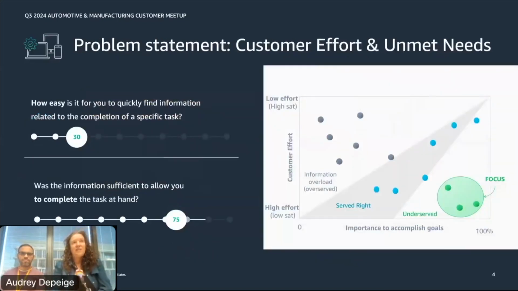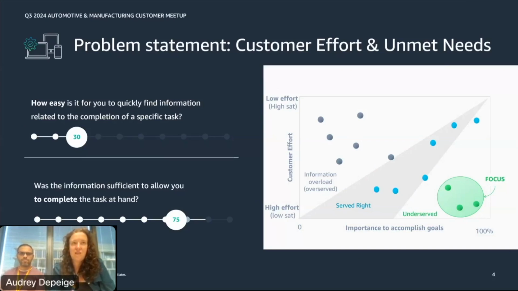Now, what is the challenge that we face? When we surveyed our internal customers, a common pain point we observed is that it's quite difficult to locate both accurate and comprehensive instructions for the tasks they need to complete. Here I'm not talking about SOPs, which are readily available, but more equipment manuals, references, and specific troubleshooting for software, for instance.